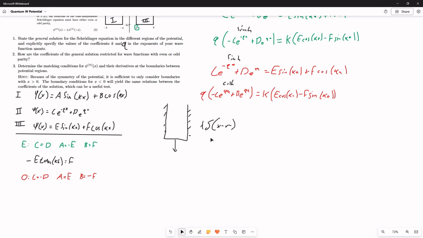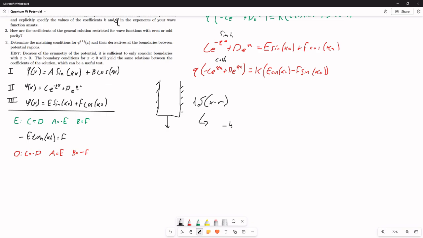This will basically just lead to a jump condition, which I have defined as negative h bar squared over 2m, times the derivative of psi from the right at the value r, minus that same derivative from the left side at r, and then adding on the scaling factor of the delta function times the value of psi at r, and that equals 0.